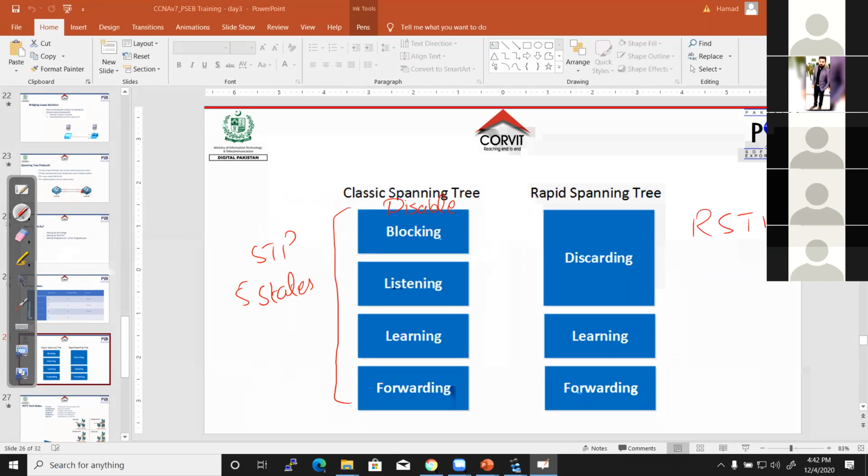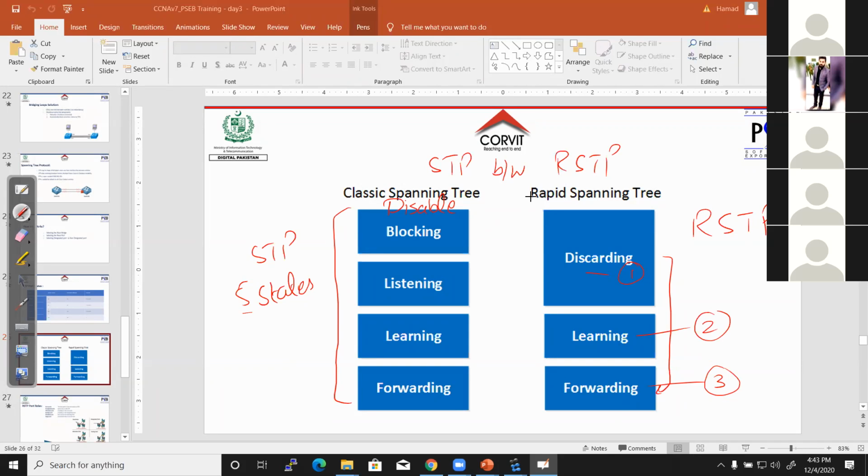But in RSTP, they reduced the states of the ports from 5 to 3. The first state is discarding, then the second state is learning, and the third state is forwarding. That was the first key difference between STP and RSTP.